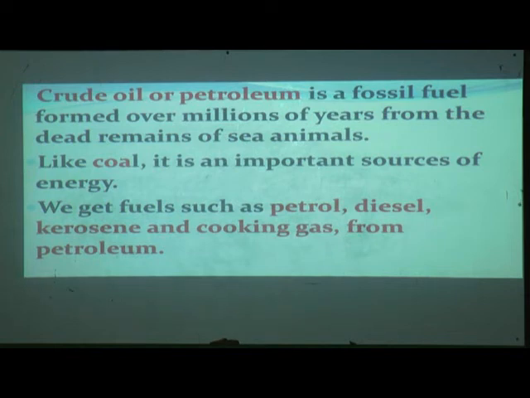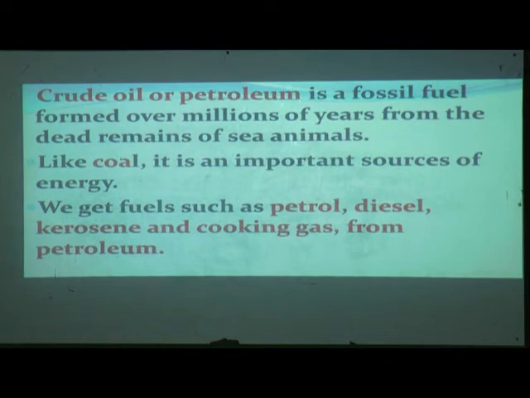When those animals die inside the sea, they go under the sea and decompose, and it takes millions of years to make oil, to make petroleum or crude oil. So like coal, it is an important source of energy; petroleum and coal are both very important for us, to get fuels such as petrol, diesel, kerosene and cooking gas from petroleum.